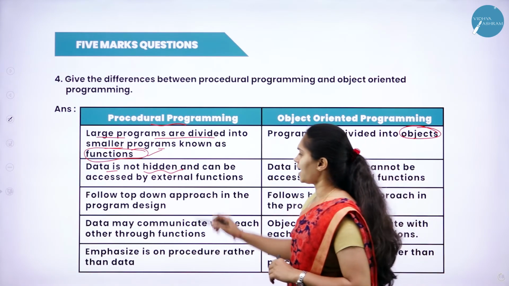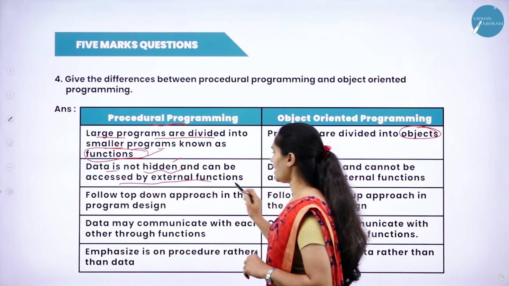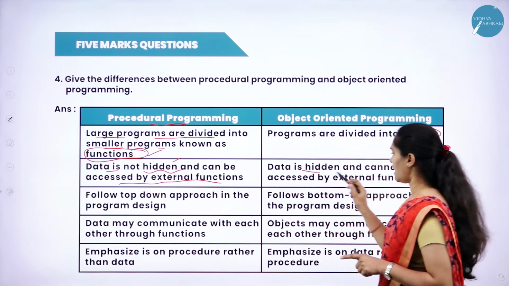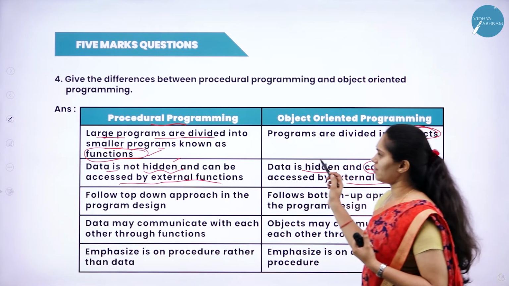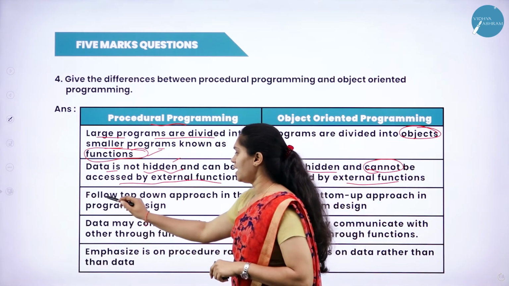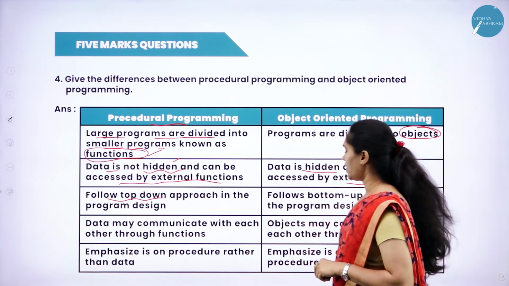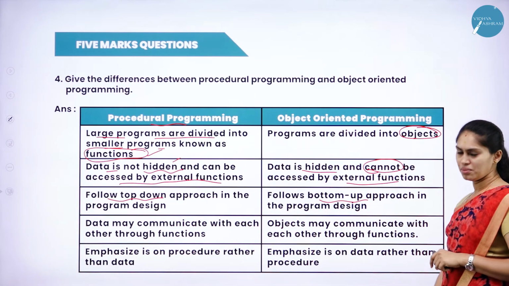So there is no data hiding and data can be accessed by external functions. But in OOP data is hidden and cannot be accessed by external functions. Security will be there in OOP. POP follows the top down approach, while OOP follows the bottom up approach.